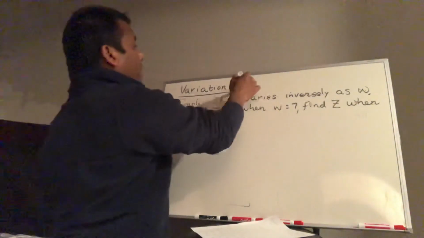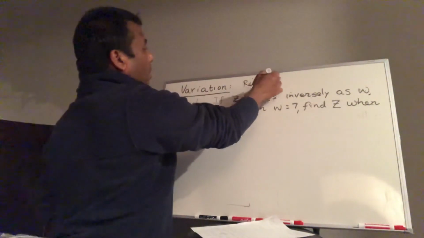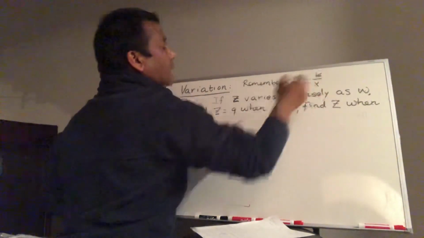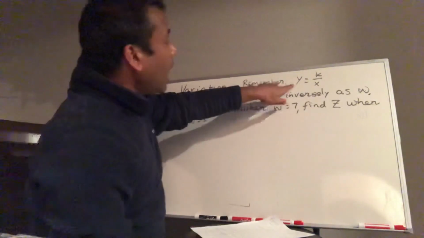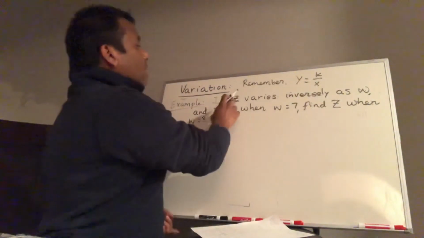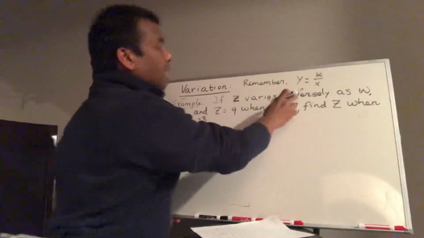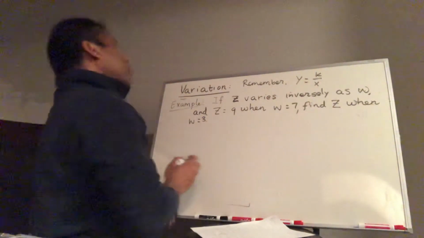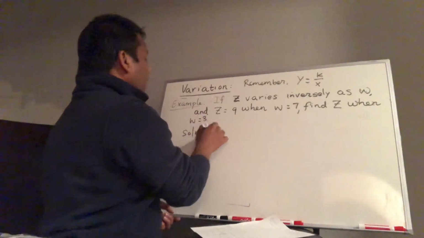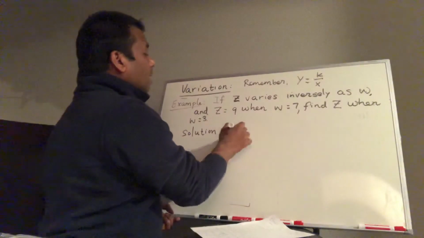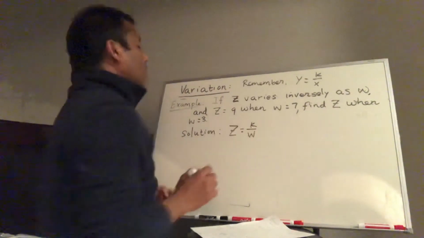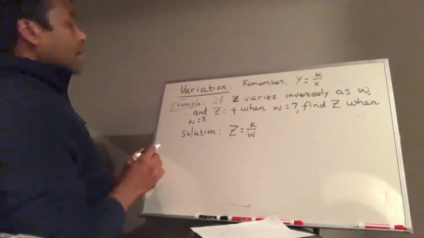So remember that y equals k over x means y varies inversely as x. So now here Z varies inversely as W, so that means Z equals k over W, right?